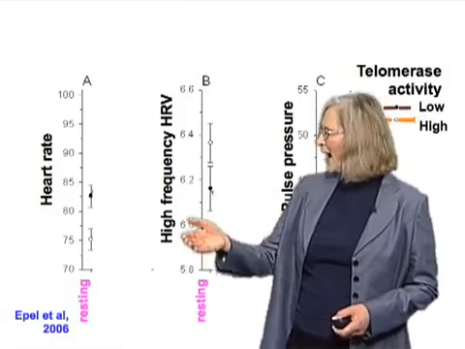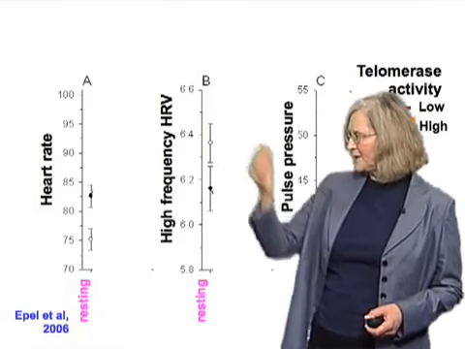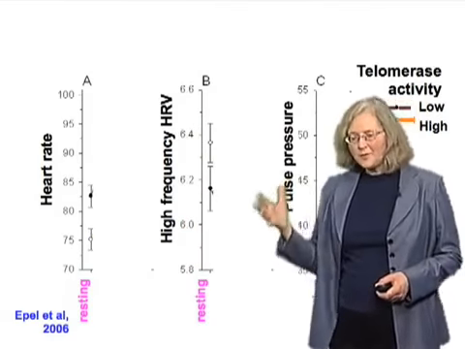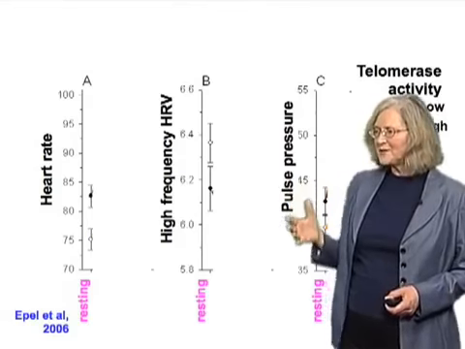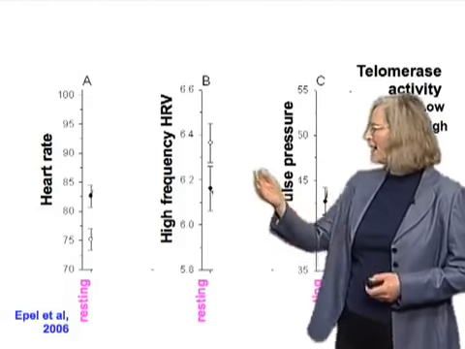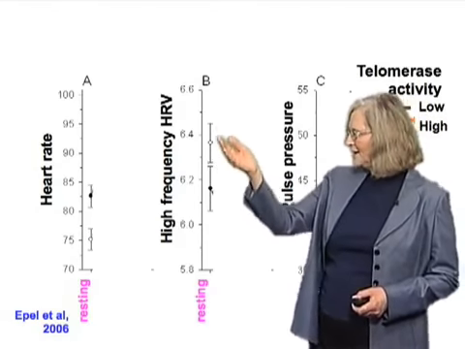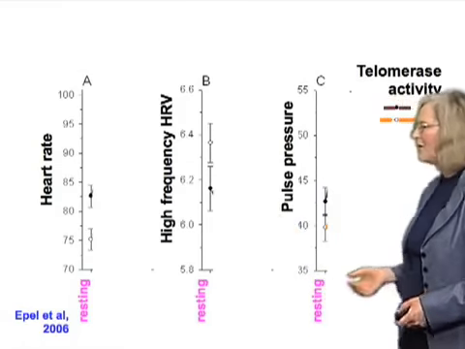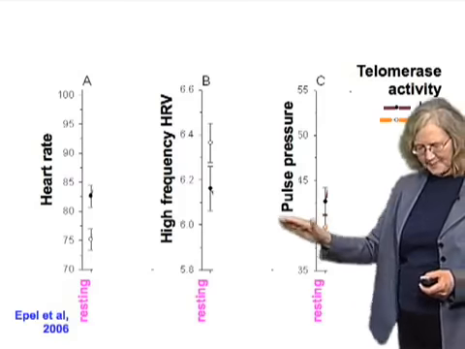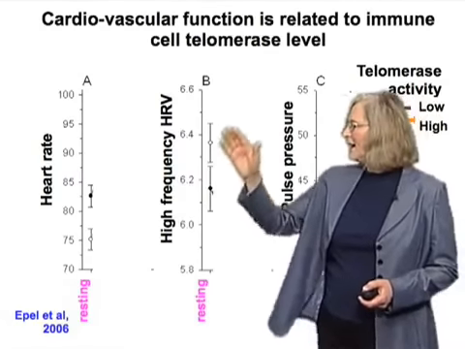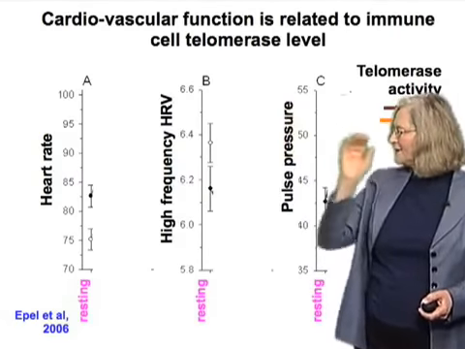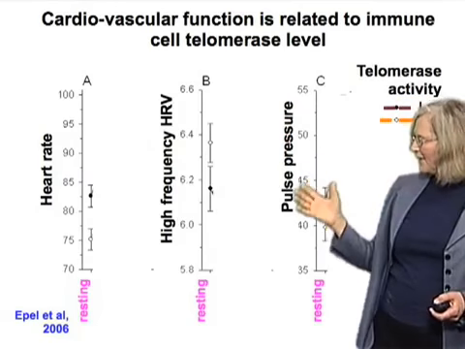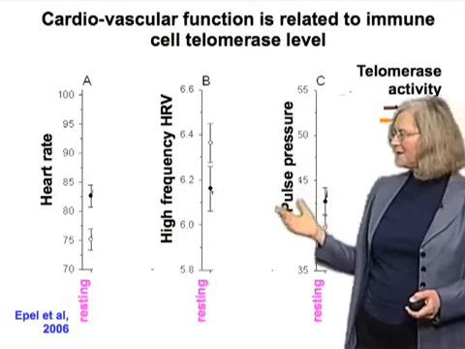There's a parameter called high frequency heart rate variability. Basically, the variability is how well the heart is adapting to changing needs. So when it's high, that's good. It's adapting well. So you can see it's higher in the people with high telomerase than it is with the low telomerase group. Everybody's sitting resting. Then an interesting other thing was done in these individuals.